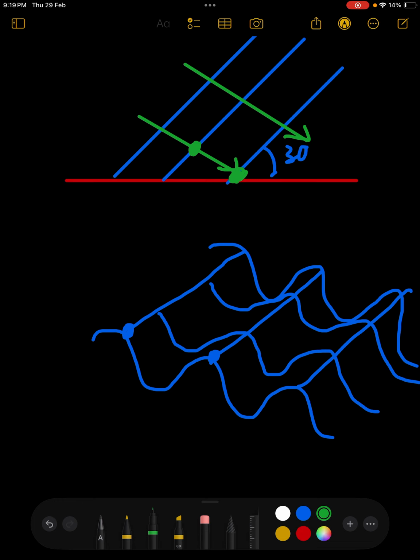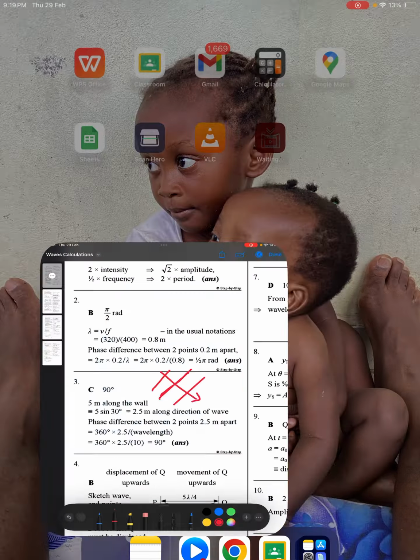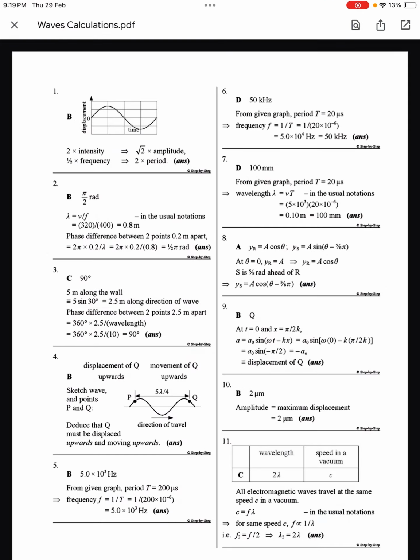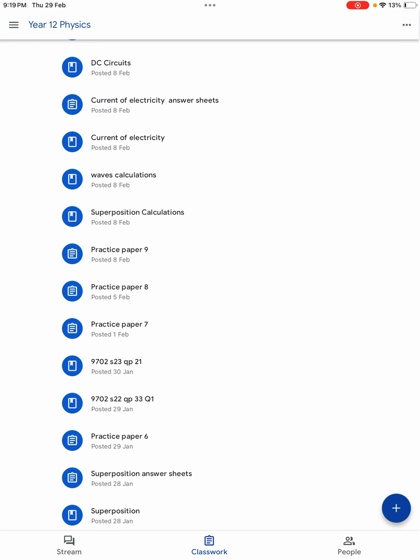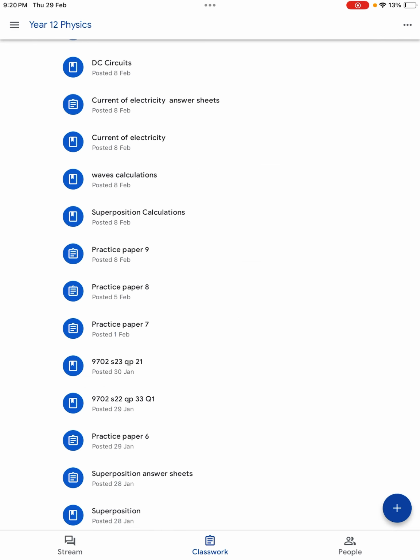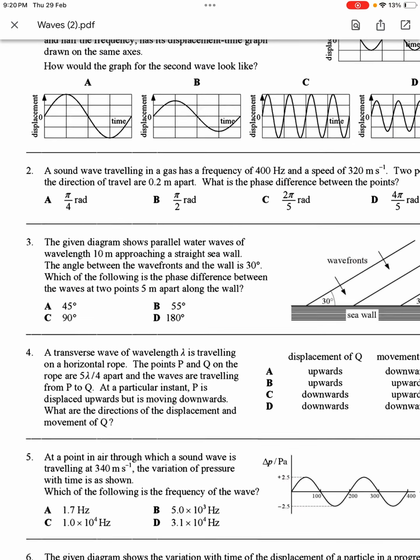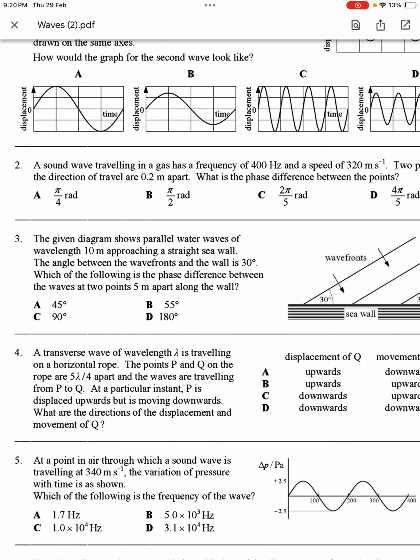So if that is the case, that this part, which I will label A, arrives before, let's say, B, the question is asking us, and I shall revert to the question right now. The question says, given the diagram shows parallel water waves of wavelength 10 meters approaching a straight sea wall.